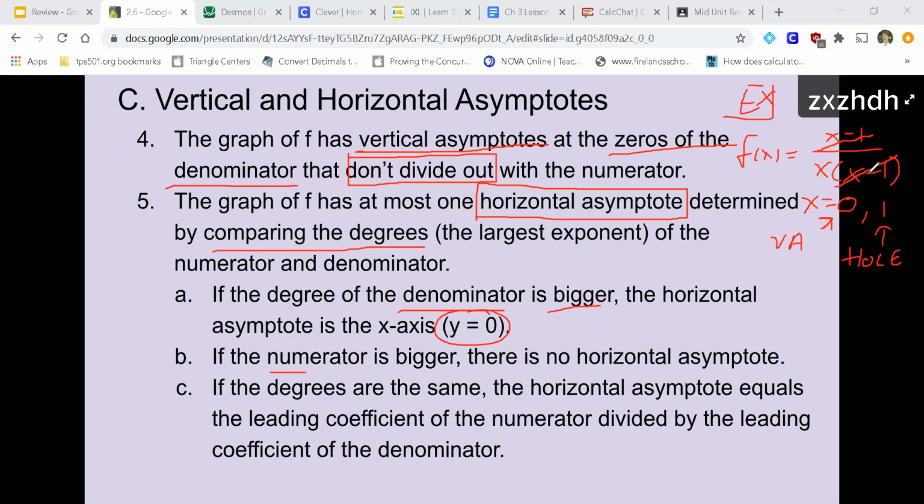If the numerator is bigger, then it has no horizontal asymptote. And if they are the same, then you have to divide the leading coefficients of the numerator and the denominator.